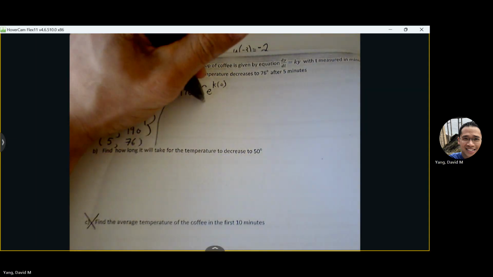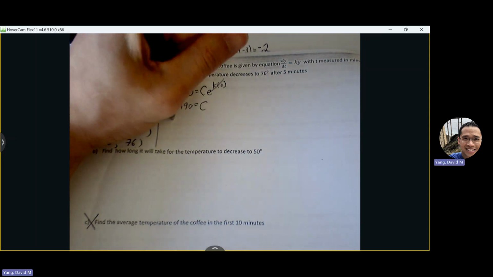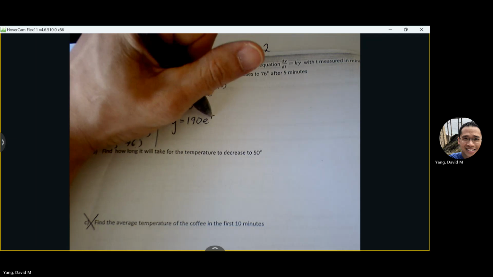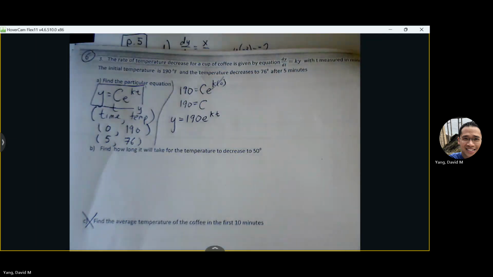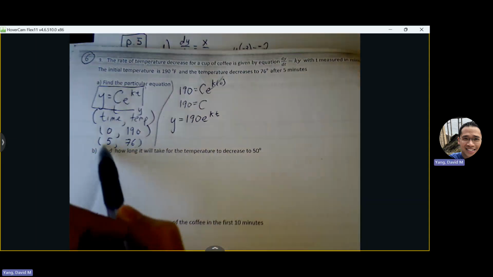So this just goes away. So c equals 190. Update your equation.